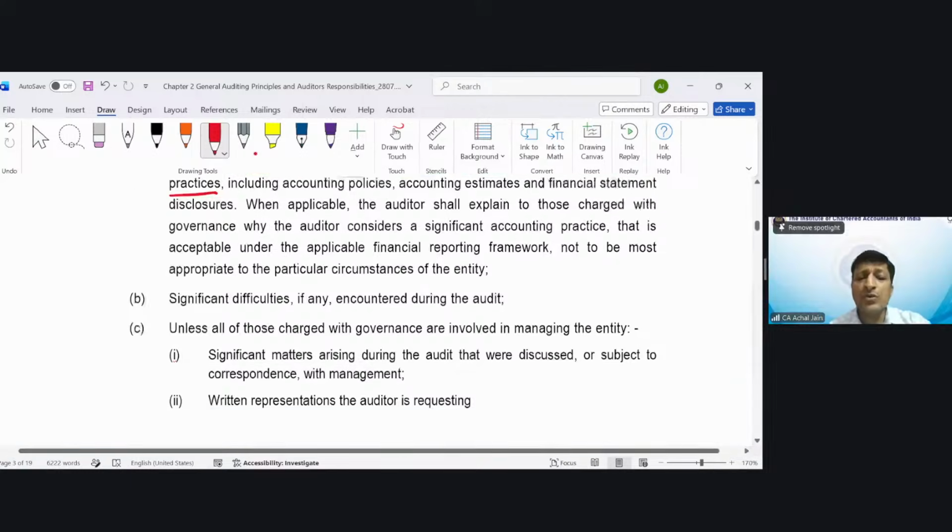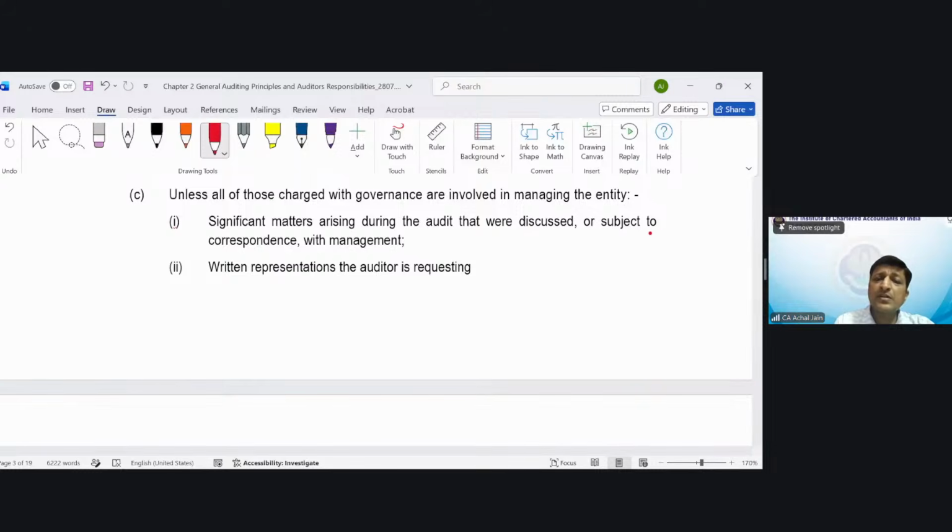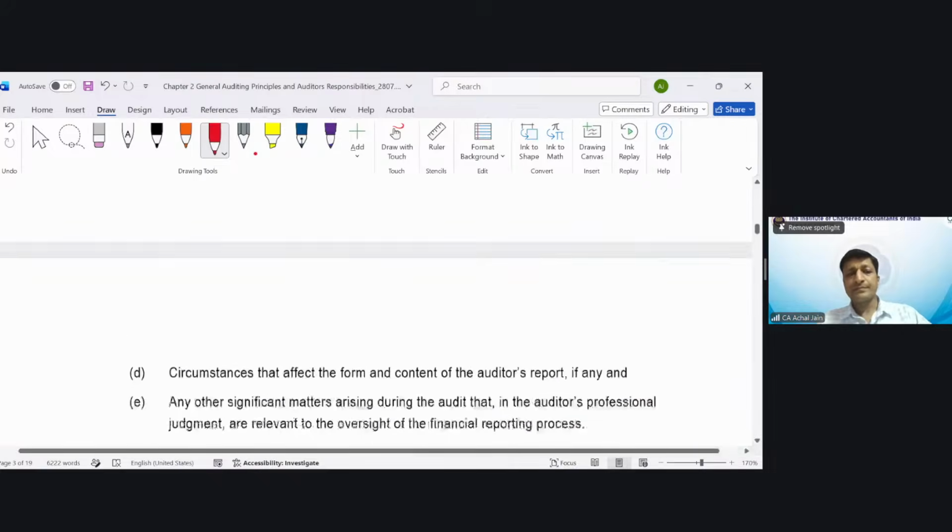Unless all of those charged with governance are involved in managing the entity, significant matters arising during the audit that were discussed or subject to correspondence with management, written representations the auditor is requesting, right? So all of those things need to be put in place.